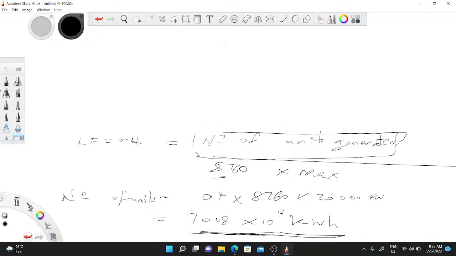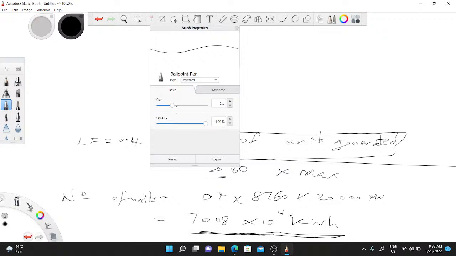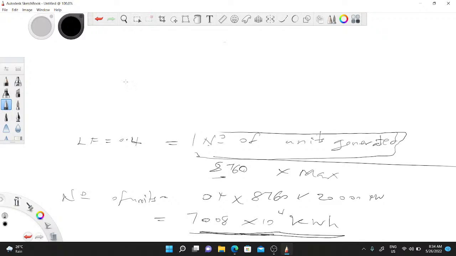Yes, so I have it like this. I have the number of units.